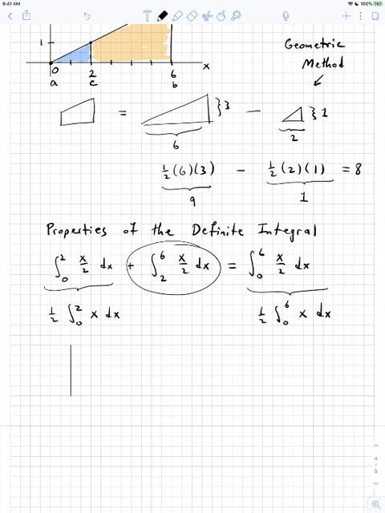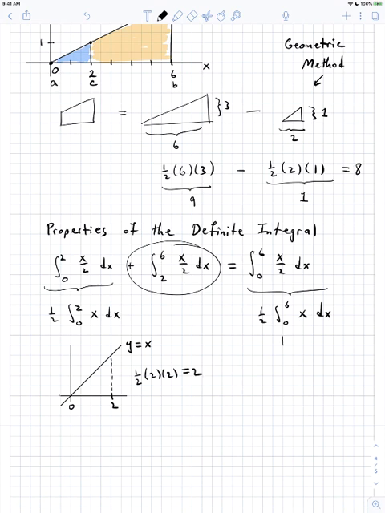So now we're looking at the definite integral of the function y equals x, or f of x equals x, and we're going from 0 to 2, like so. Now the area here, of course, is the area of a triangle. It's 1/2 times 2 times 2, which of course is 2.